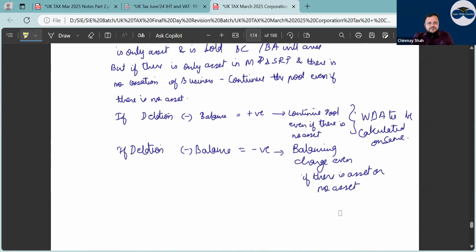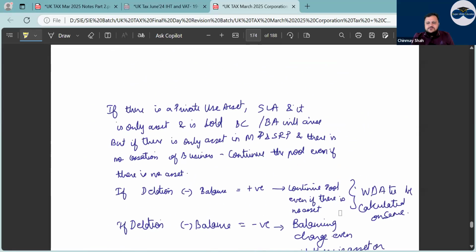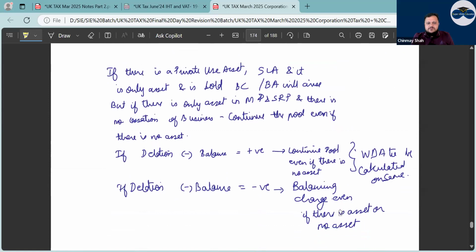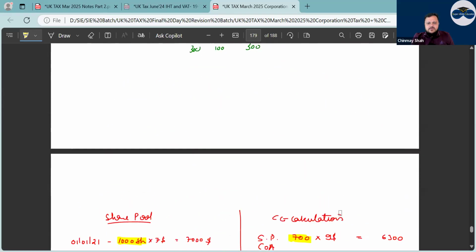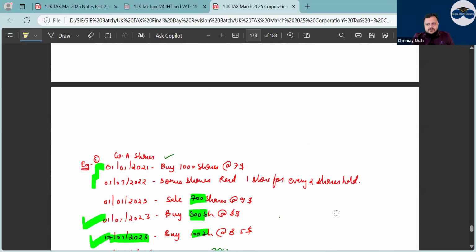With this, I think the basic part for companies is over, correct? WAD to be calculated on the same. Okay. After this, we can do share pool, right?